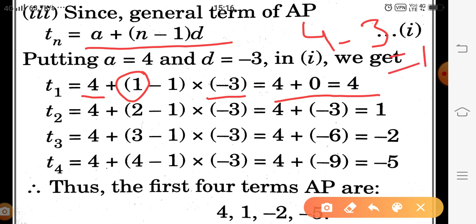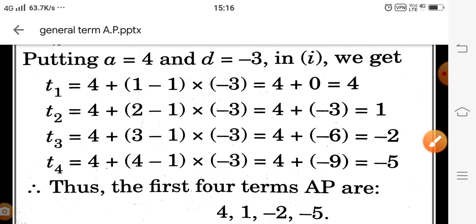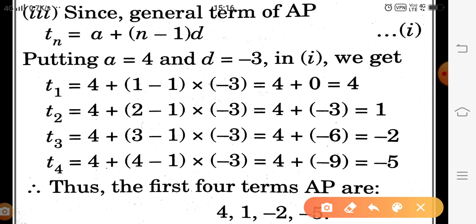By the general formula, we put n as 2, with the values of a and d: 4 plus 2 minus 1 is 1, and 1 into minus 3 is minus 3, then 4 minus 3 gives 1.